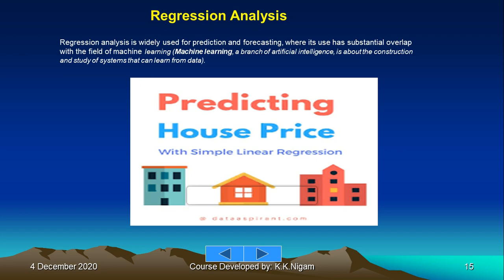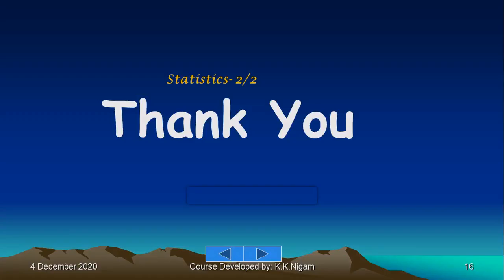The more iterations you give, the more learning takes place with the help of the machine. Once it learns, it starts doing the job which you want it to do. So that is what linear regression is all about, and this completes our statistics part 2, and now we are going to move on to the next topic. Thank you.